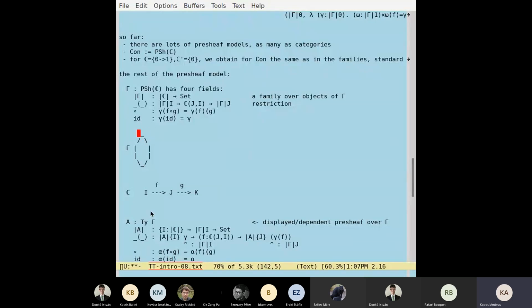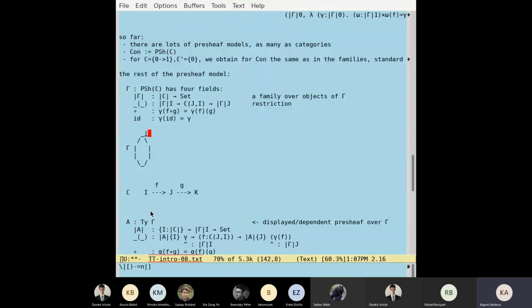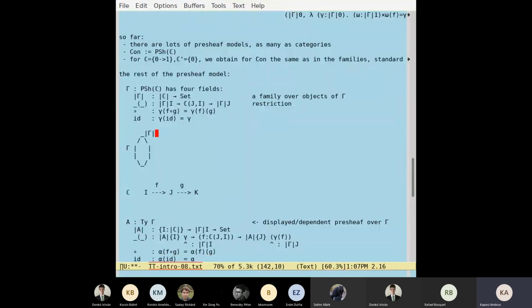Okay, so this will be the set. Sorry, how do I write it? This is the set gamma I, right? It is over I, and it will have lots of elements like small gamma and small gamma prime, okay, and this kind of elements. This is just a set.